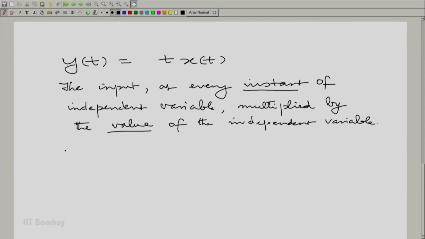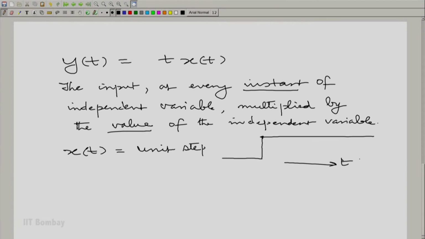So, let us look at an example of an input output relationship in this particular system. Let us assume x of t is the famed unit step that we had. We had introduced this unit step earlier. Now, we will formalize it and give it a name too. The unit step is equal to 1 for t greater than or equal to 0 and 0 for t less than 0.